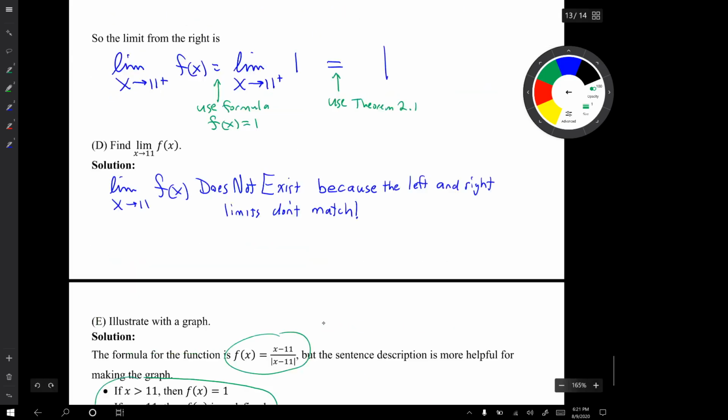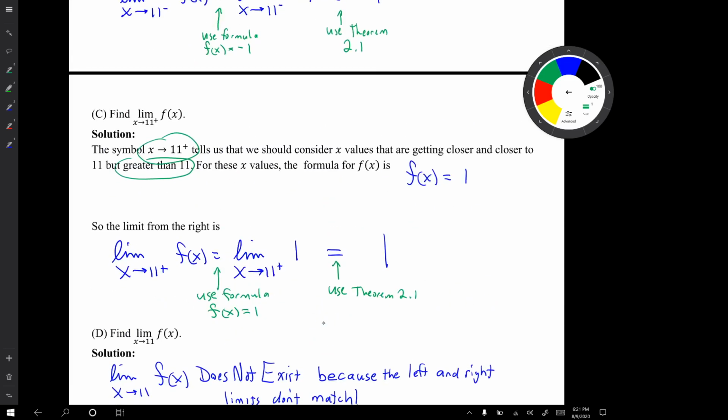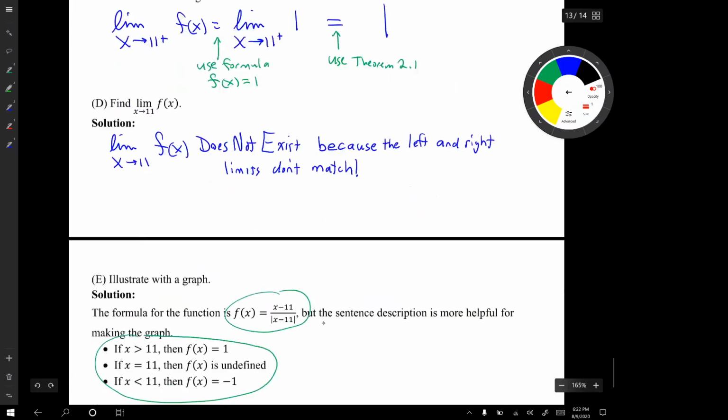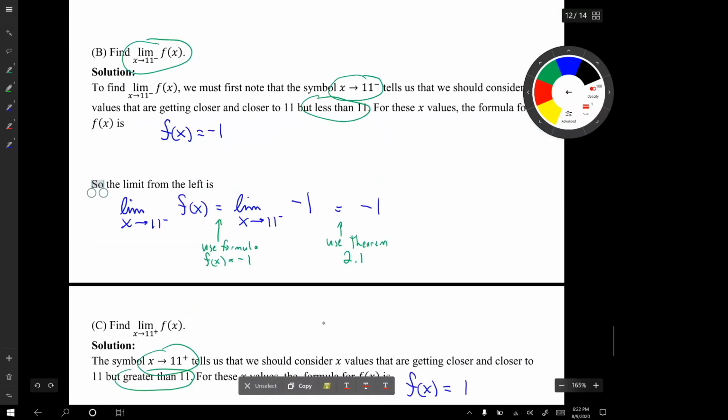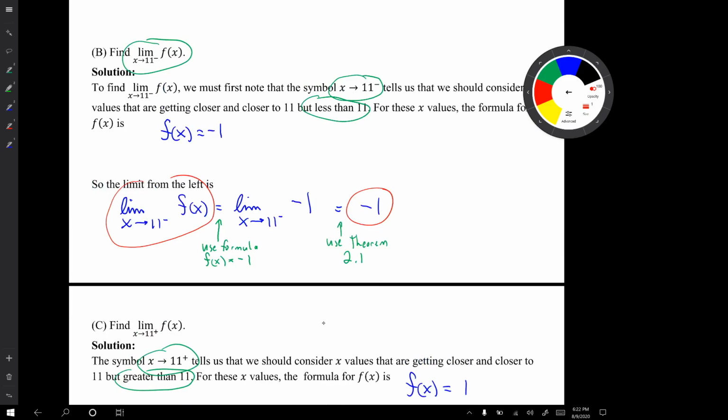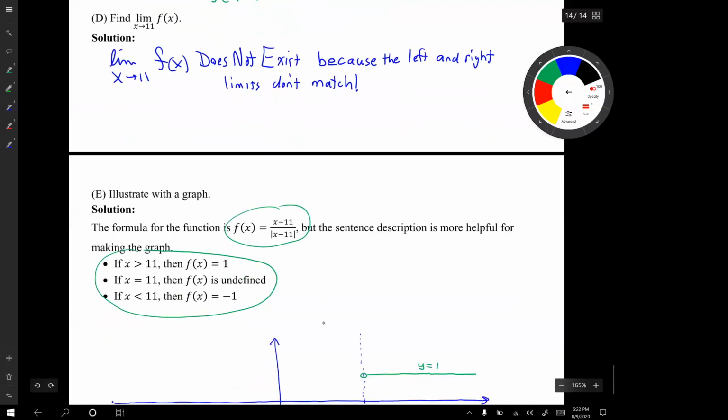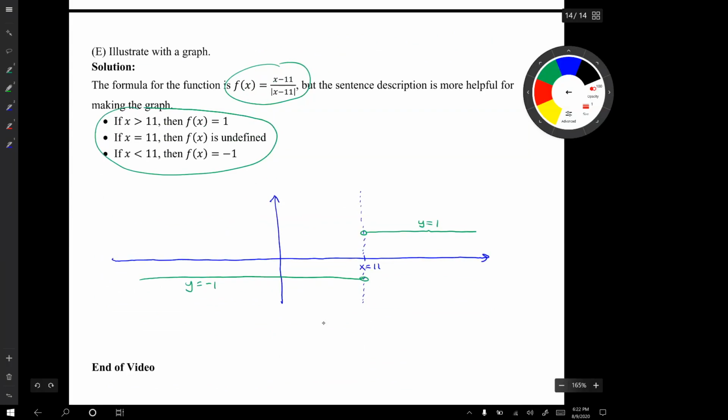Remember the limit behaviors. The limit as x approaches 11 from the right was the number 1, and the limit as x approaches 11 from the left was the number -1. Well, those limit behaviors, remember, have kind of sentence descriptions in terms of how the graph behaves.